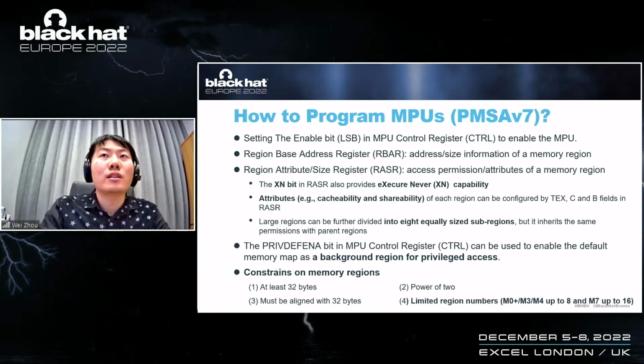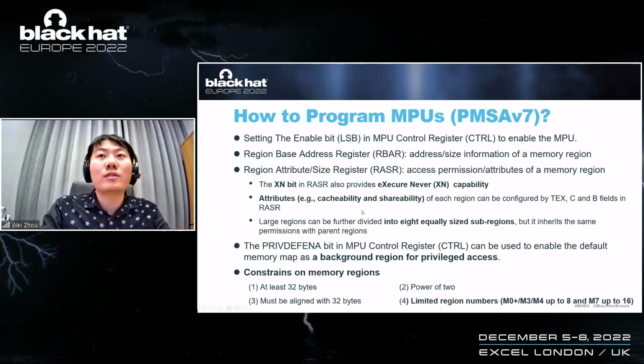So how do we program the MPU? Typically, only 3 registers are needed. The control register is used to enable the MPU, the address register is used to configure the start address and the size of each memory range, and the attribute and size register is used to configure the access permissions, including read, write, and execute for different memory addresses.